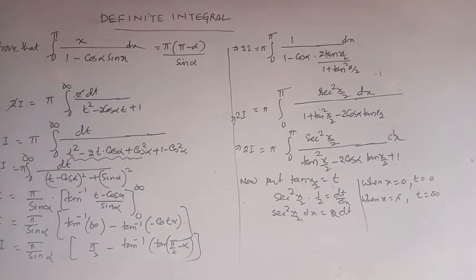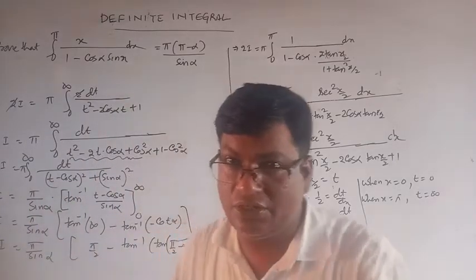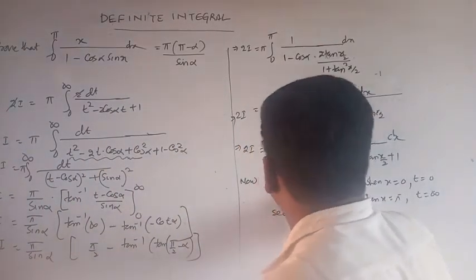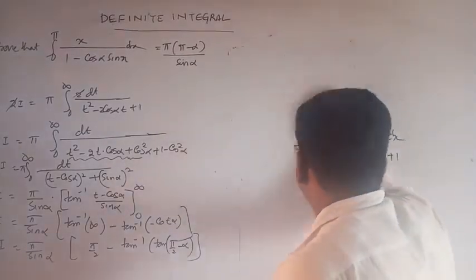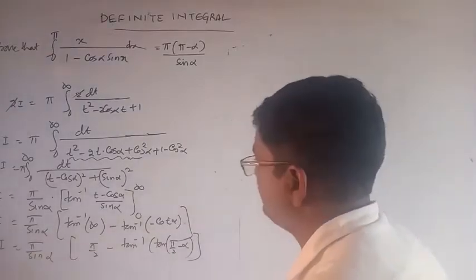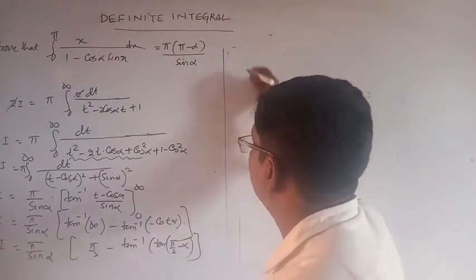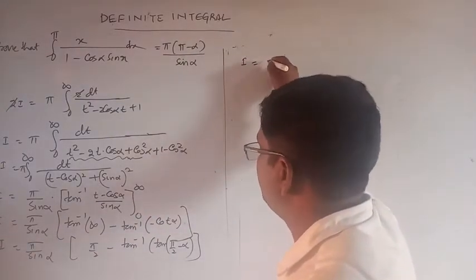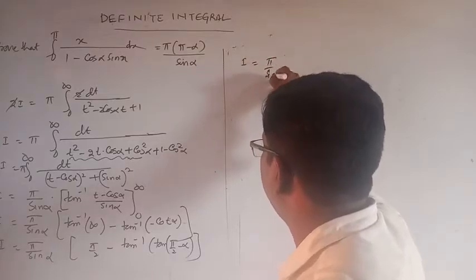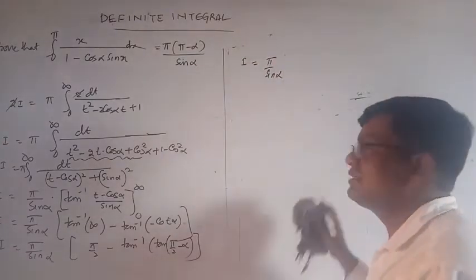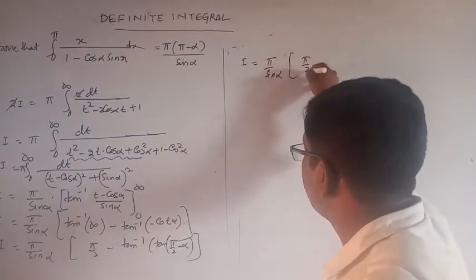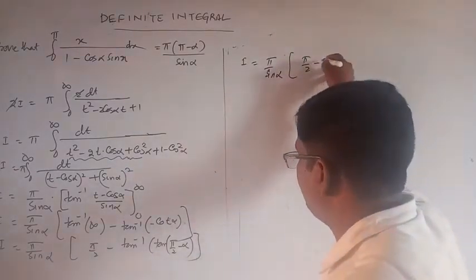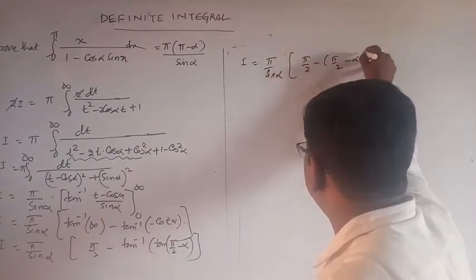So here the solution is I is equal to pi by sin alpha. This is pi by 2, and this is minus of (pi by 2 minus alpha).